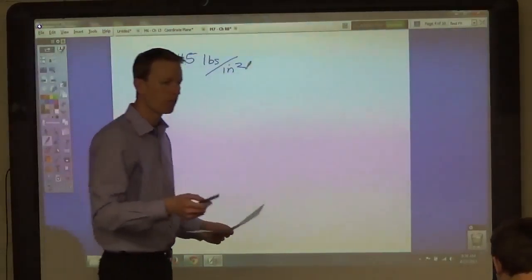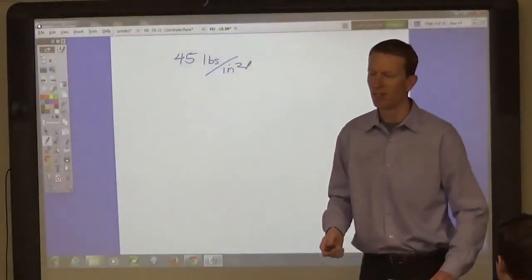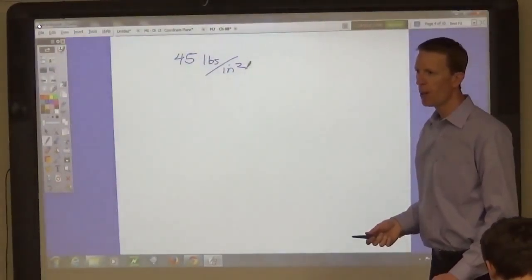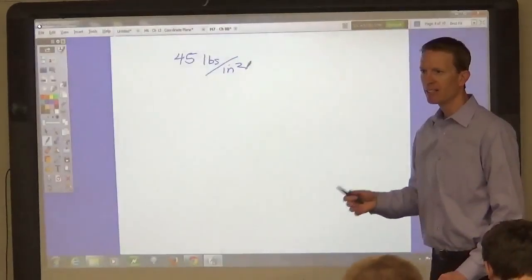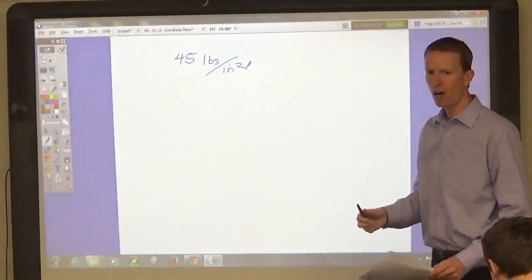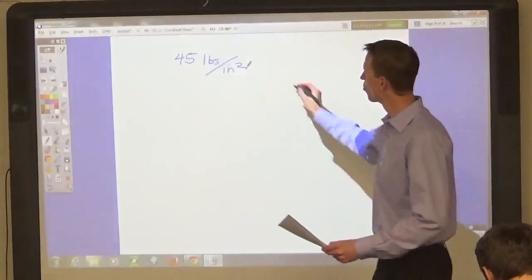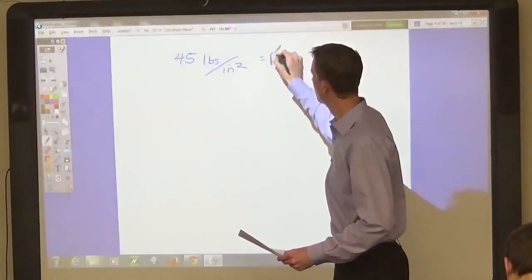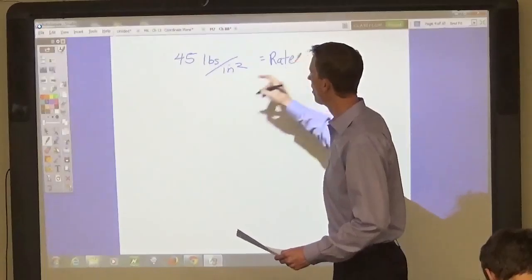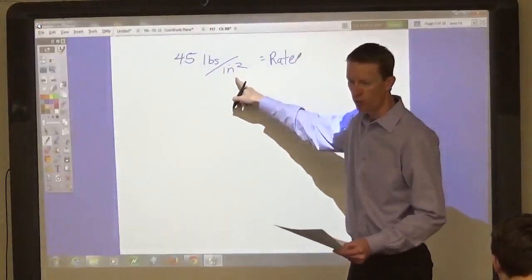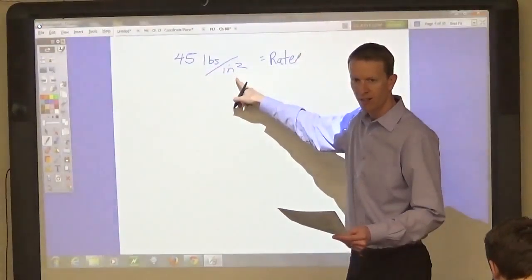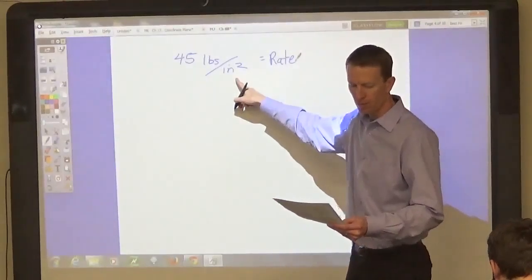What is that type of number called? Anyone remember? It's how fast something is, or how much it is compared to another number. It's called a rate. At a rate of 45 pounds per square inch. Okay? It's a ratio.